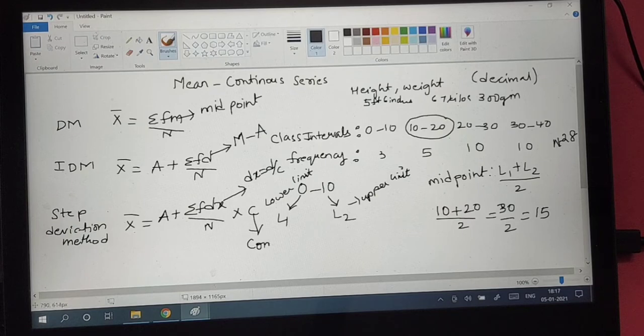C is known as the common factor, which is the gap between these class intervals. So if you do L2 minus L1 in any class, 30 minus 20 or 20 minus 10, anything you do, you get the value as 10. The difference here is 10. So that is known as the common factor. So this is the basic understanding of continuous series.